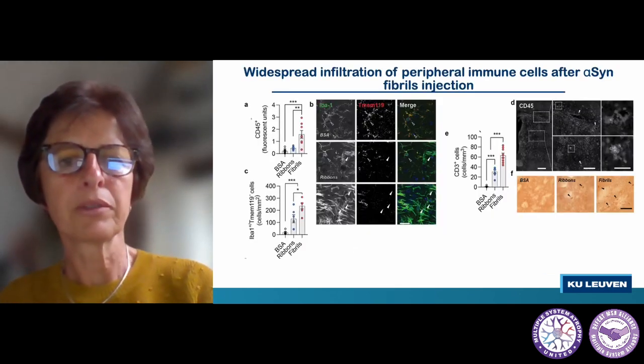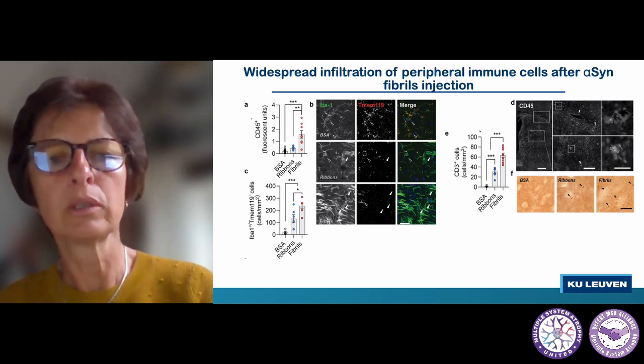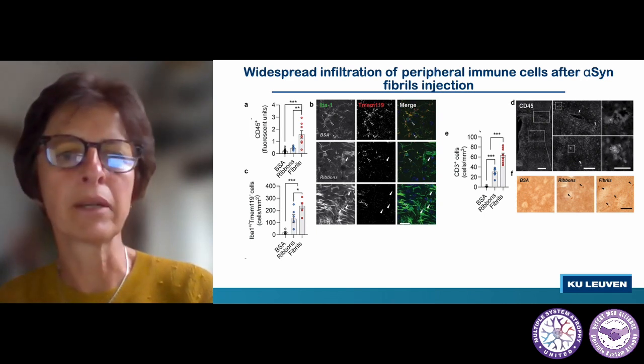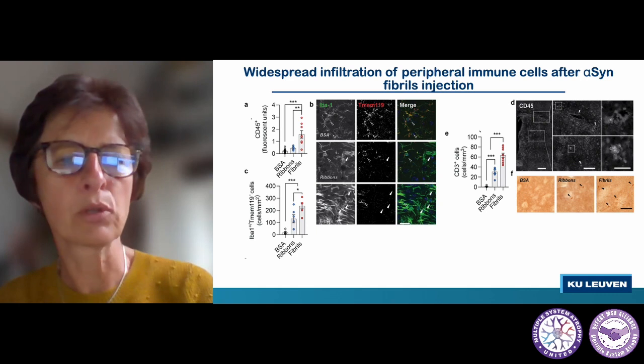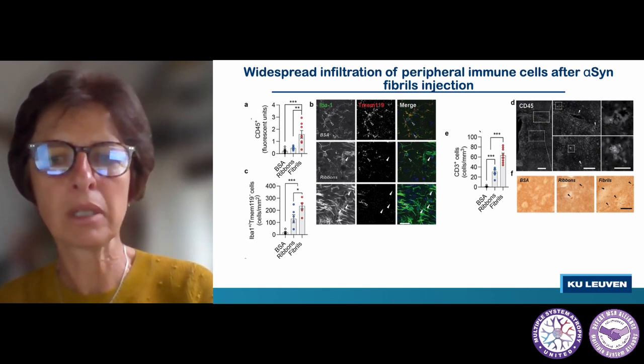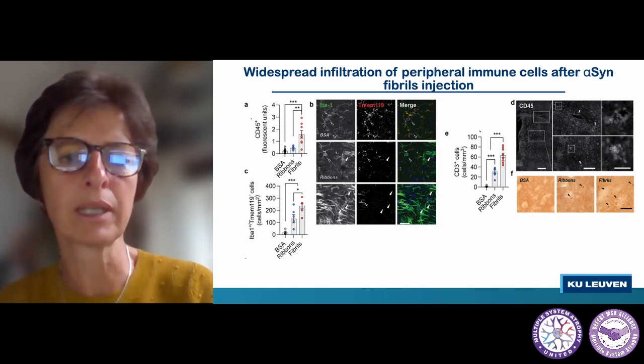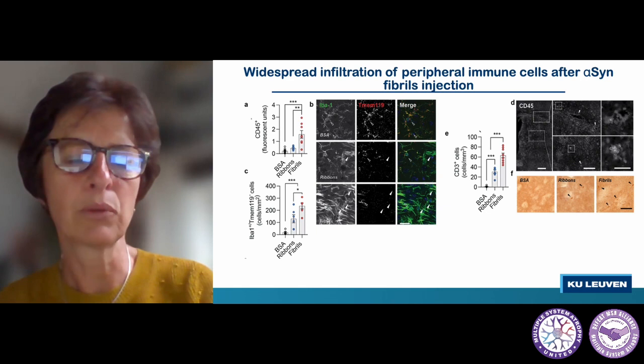Then we also wondered whether there was only a local immune reaction in terms of microglia, or whether there were also infiltrating peripheral immune cells. We can do this by looking at different markers. We looked at CD45 positive cells, and we could see that indeed there is infiltration of CD45 positive cells, especially in the ribbon condition, but also a bit in the fibril condition.